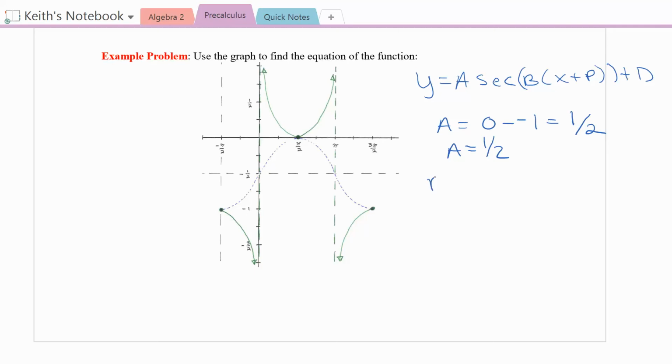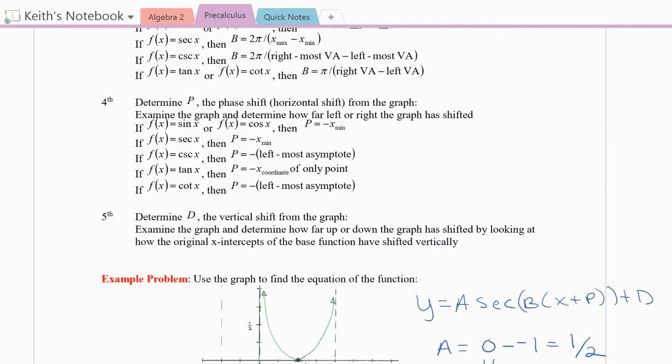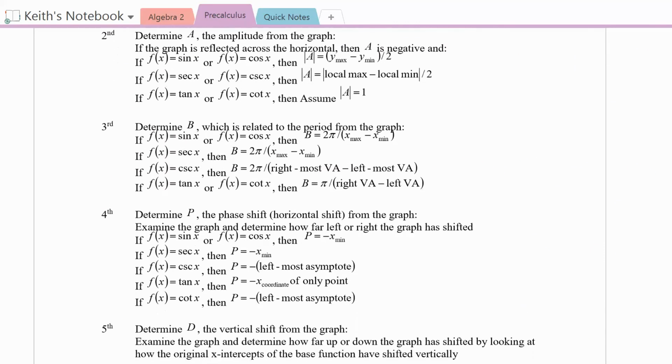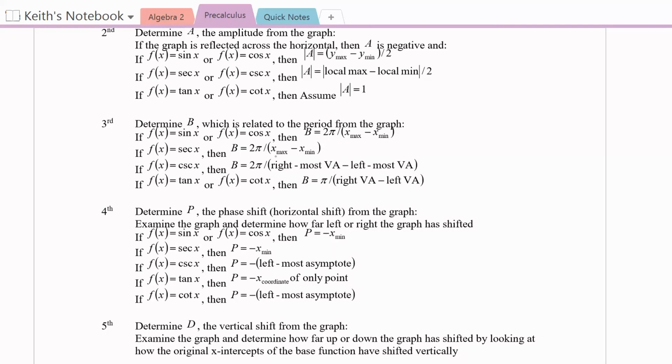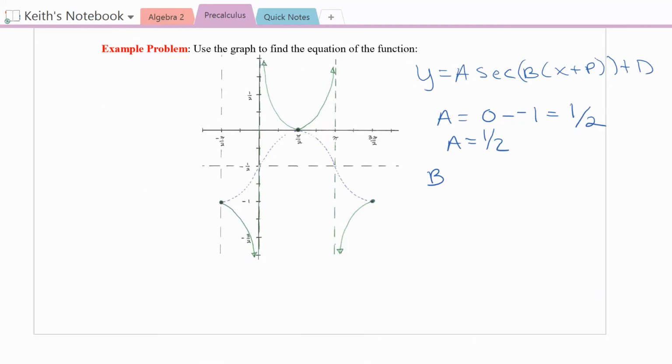Then to find your period. For secant, you're just going to take 2 pi and divide it by the x max minus the x min. The largest x value here is 3 pi over 2. The smallest x value is negative pi over 2.